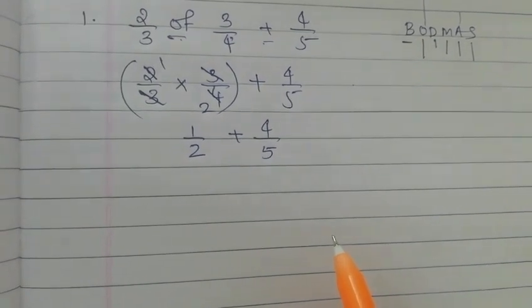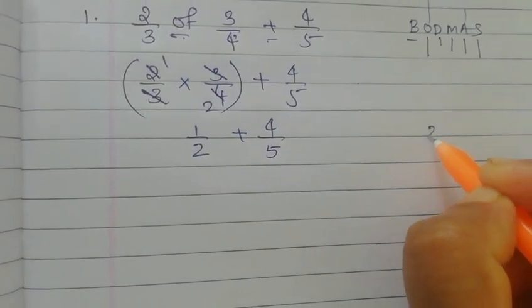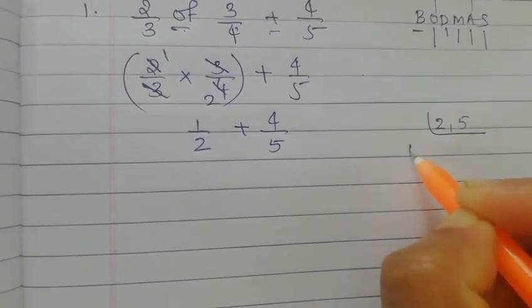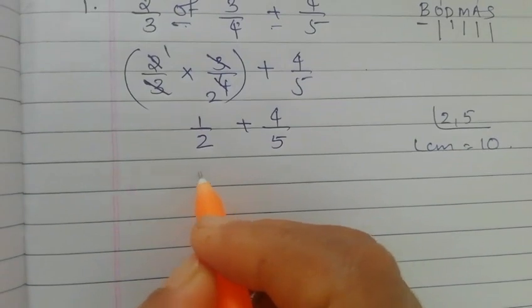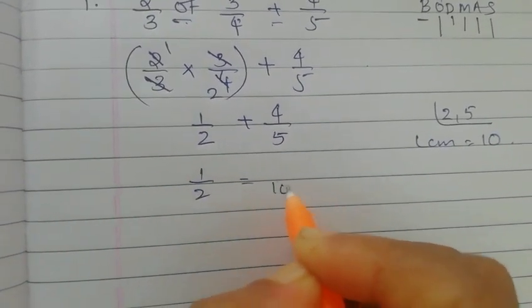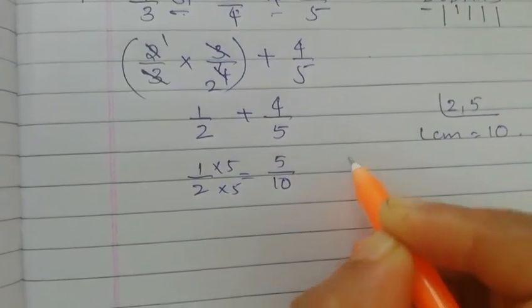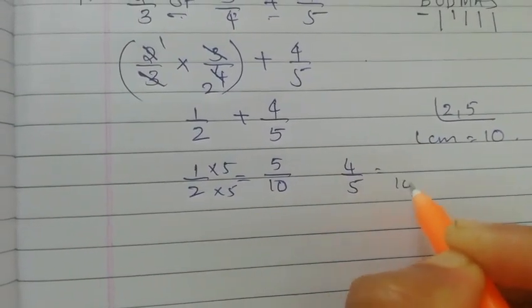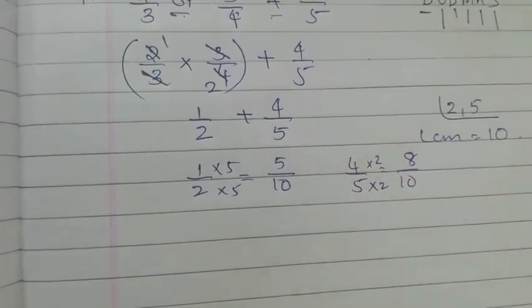Now, addition of two fractions. How to add these two fractions? Denominators are different, so it is unlike, 2 and 5, take the LCM. LCM is 2 fives are 10. So make it 10 in the denominator. 2 into 5, 1 into 5. 4 by 5, make it 10 in the denominator, 5 into 2, 2 into 4 is 8.